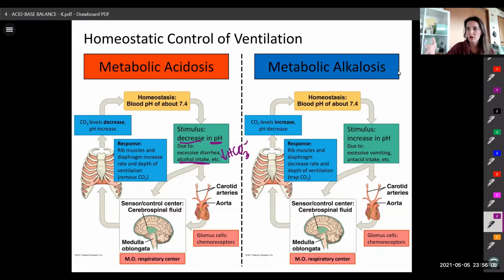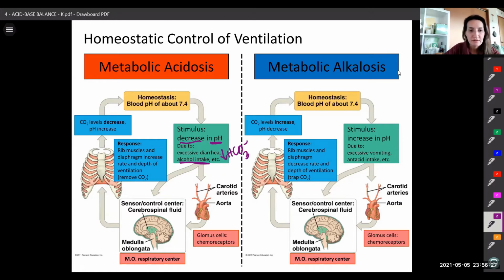Here, the partial pressure of oxygen is not so important, but the levels of CO2, and in particular the hydrogen ion concentration, is going to be reflective of the fact that we have a greater hydrogen ion concentration than bicarbonate, telling us that the pH is low.